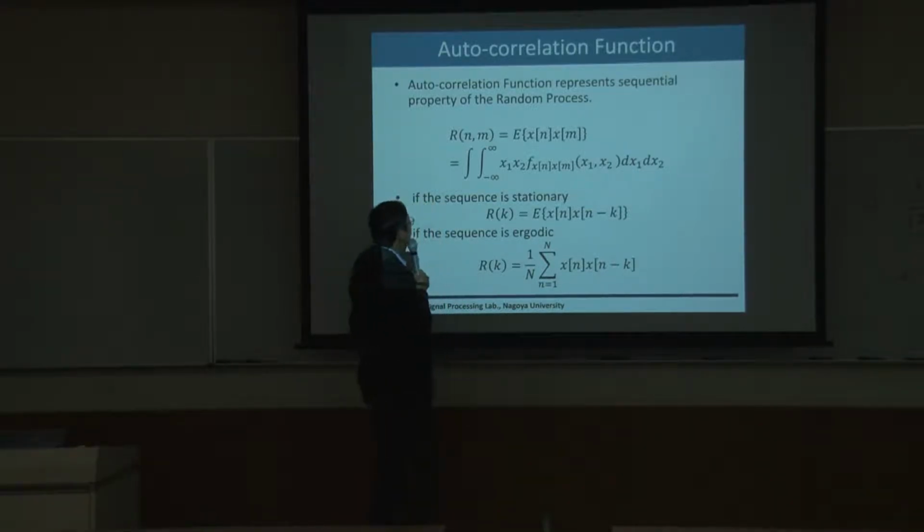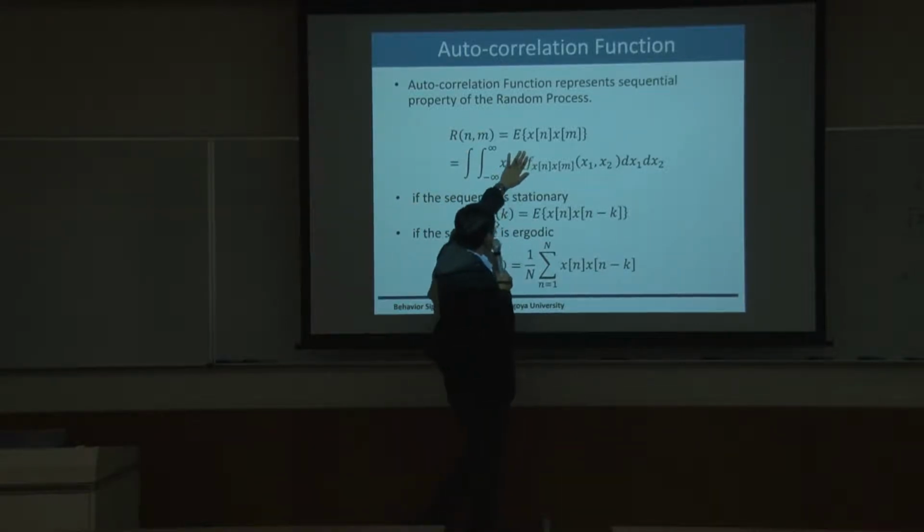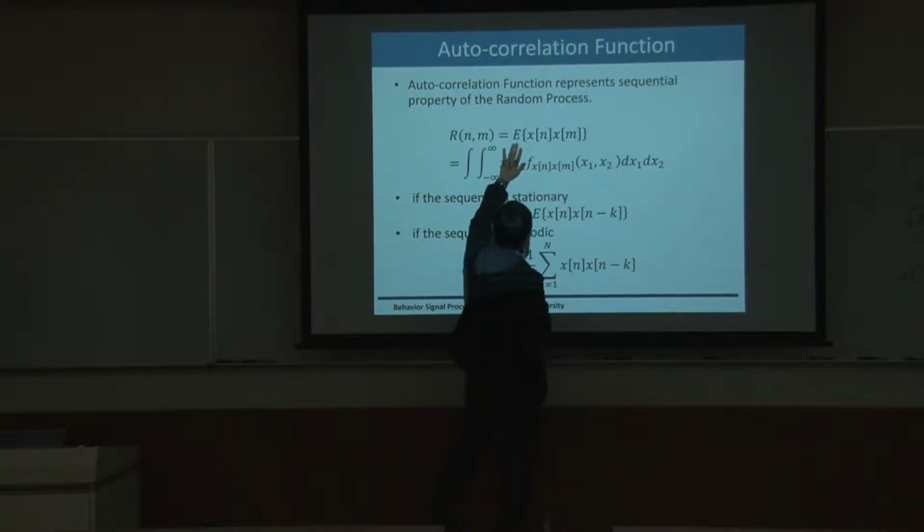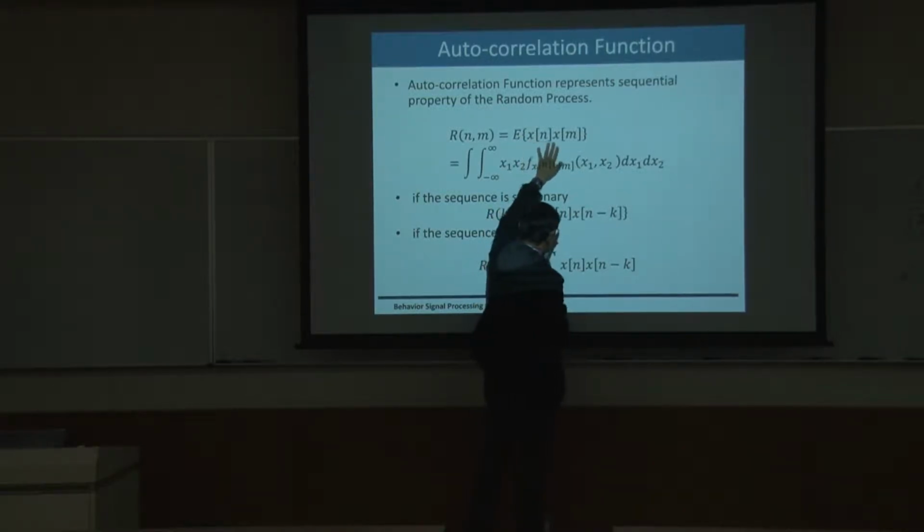By definition, the autocorrelation function is an estimate, a statistical value of the random sequence. And the definition is like this. That is the expectation value of the sample x of the signal x at the time points n and m.